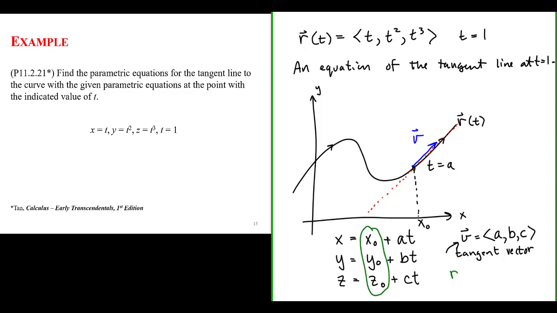That point on the line is going to allow us to come up with this parametric set of equations for our tangent line. Well, we could get a vector that is tangent to the curve at the point we're interested in by taking the derivative of our position function.